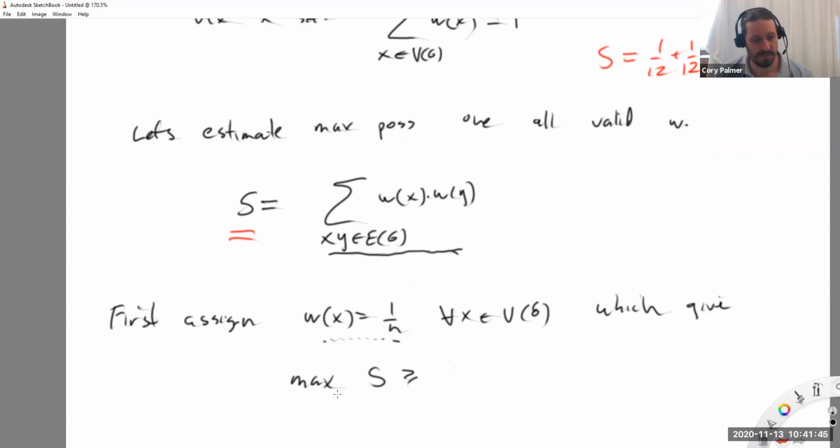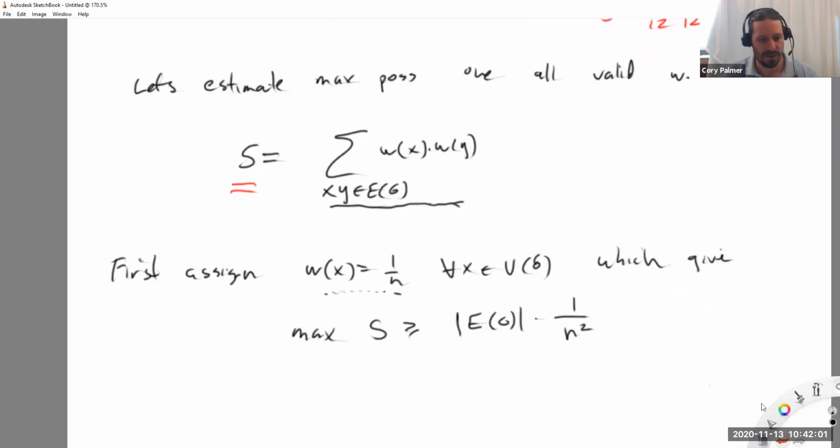So the maximum this value can take on is certainly at least as large as E(G) times 1 over n squared. That's literally what the value takes on in this specific instance. And so now, in order to prove the theorem, all I want to show is that this is bounded above by 1/4.